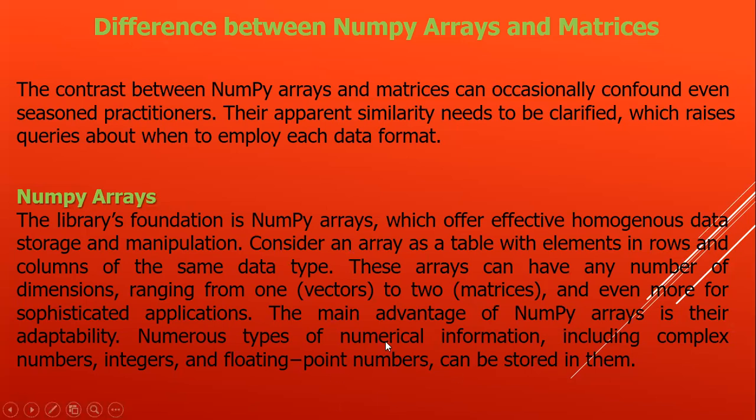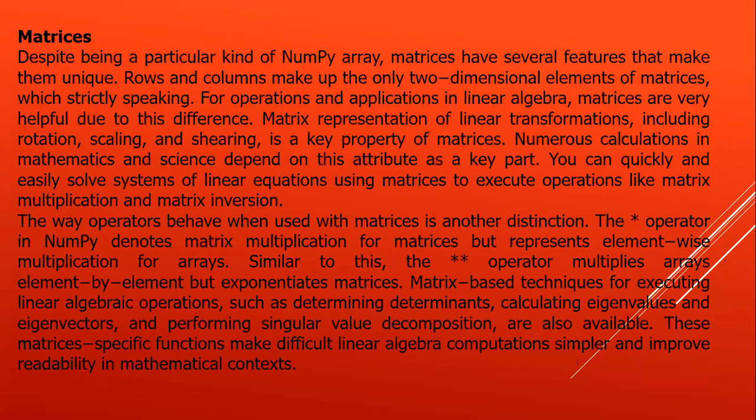Okay, that's why two-dimensional matrices and even more for sophisticated applications. The main advantage of NumPy arrays is their adaptability. Numerous types of numerical information, including complex numbers, integers and floating point numbers, can be stored in them. And this is the definition of array. We are not going to read this one; we will understand with the help of an example.